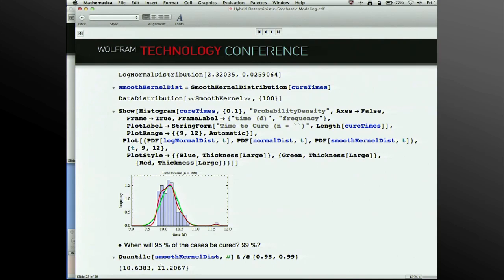And this calculation here using quantiles says that if I want to find out how long it takes to cure 95% of the patients, it'll take about 10.5 days to do that, or for the virus to die out in this case. And to do 99%, it takes a little over 11 days for 99% of the patients to clear the virus in this example.